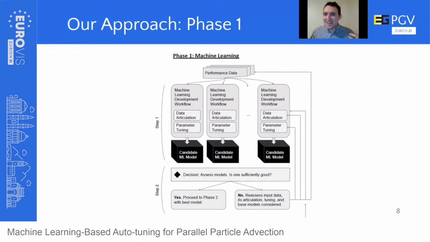So feature engineering, where we're tinkering with maybe taking the natural log of some of these input features derived from our raw performance data, and then hyperparameter tuning of the machine learning technique, and then coming up with a candidate model and trying to assess it to see, is it any good or not?